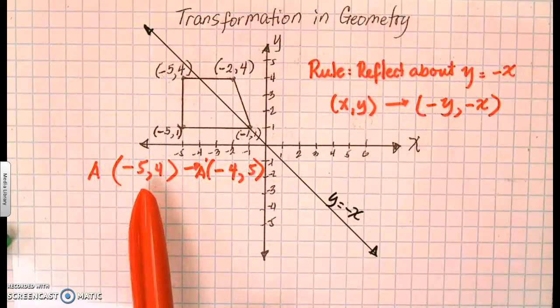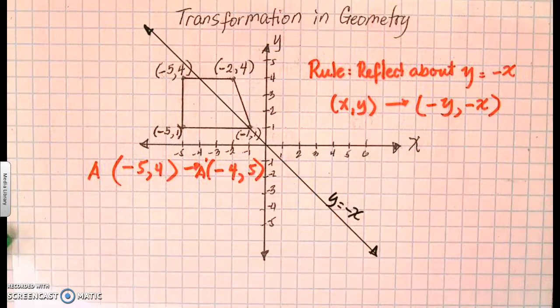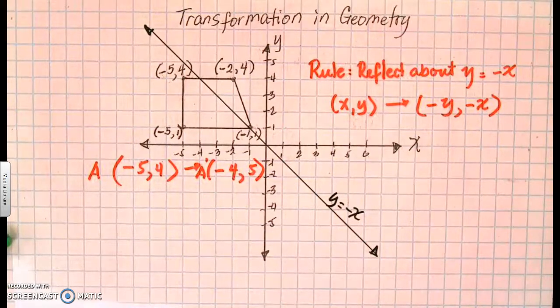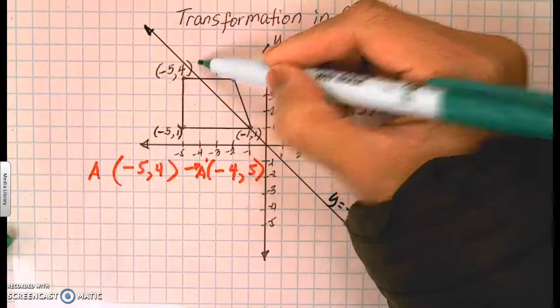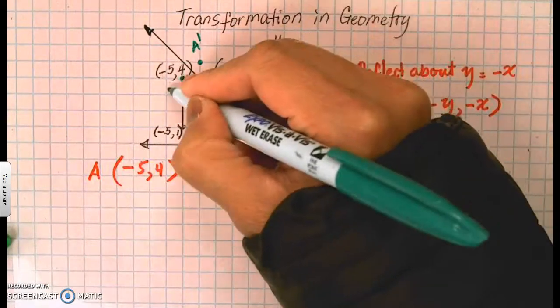So flip the 4 and negative 5, which we did, and then change the sign. If we plot these coordinates, negative 4, 5, we will end up being here. So this is the location of our A prime, and this is our A.